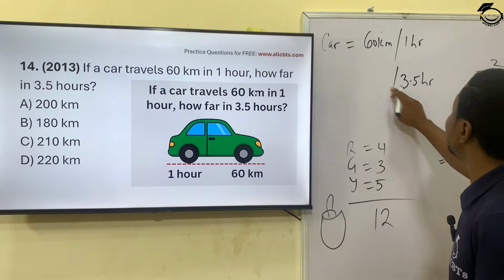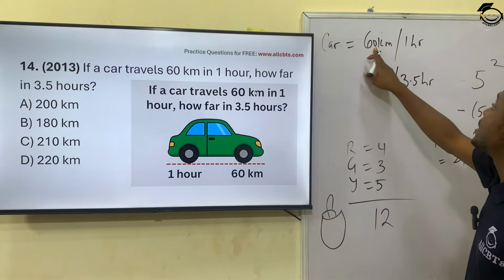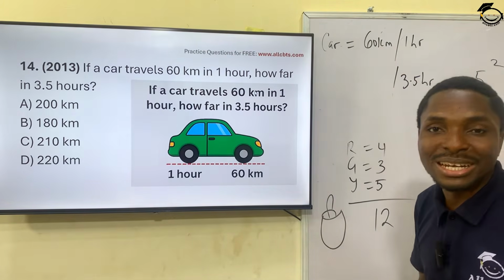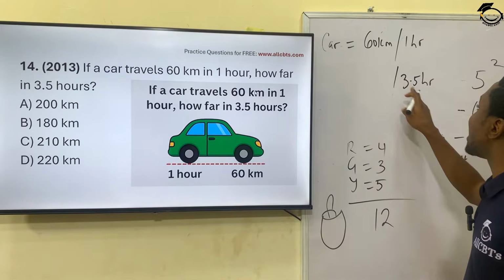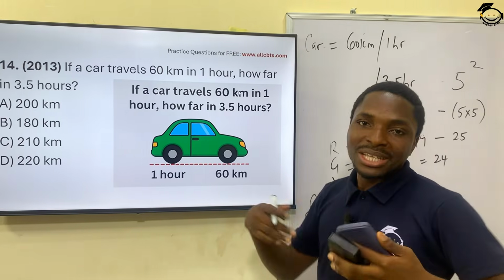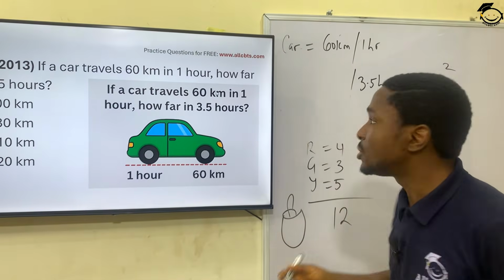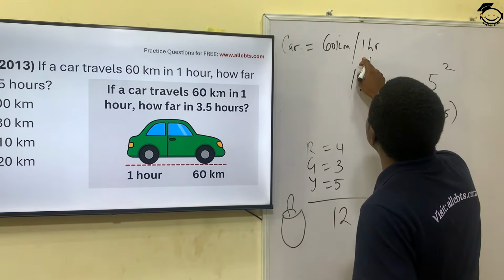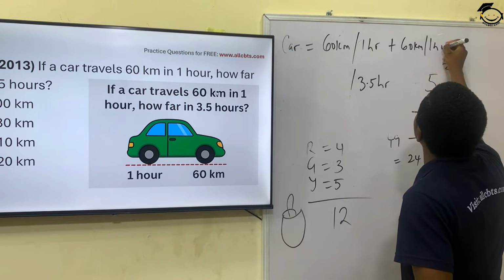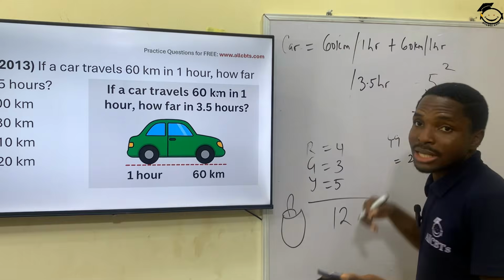By multiplying this by this. If it travels 60 kilometers in 1 hour, so in 3.5 hours, how many kilometers will it travel? It's going to travel 60 times 3.5 kilometers. Or if you want to do it without this level of mathematics, you can just say 60 kilometers in 1 hour plus 60 kilometers in 1 hour. How many hours is that now? 1 hour, 1 hour. That's 2 hours.